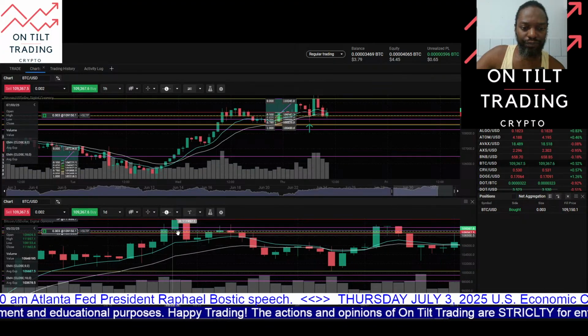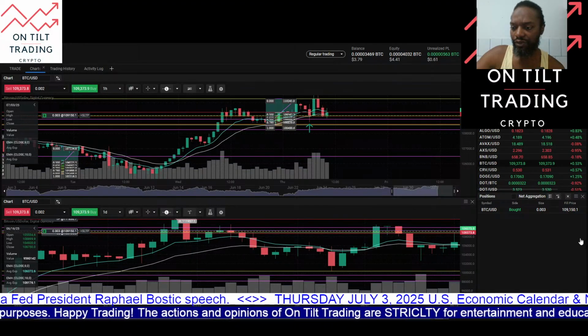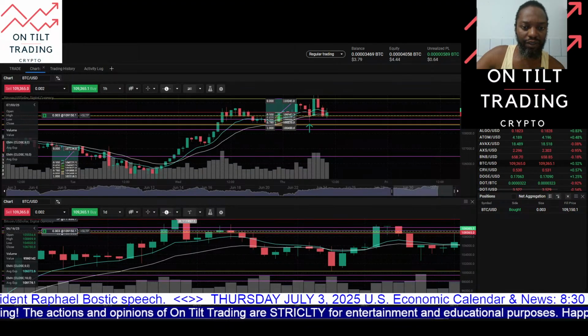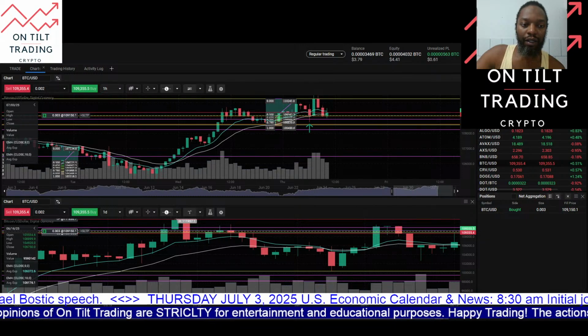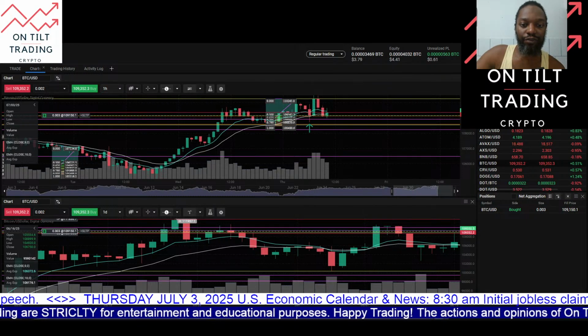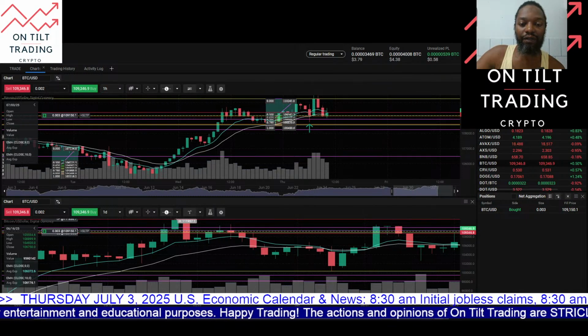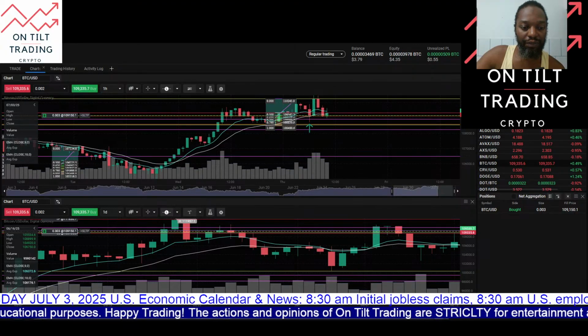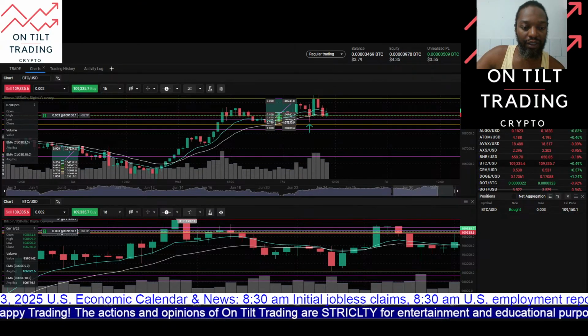So this trade idea is based off of a measured move off of the Fibonacci retracement, which places this target here.